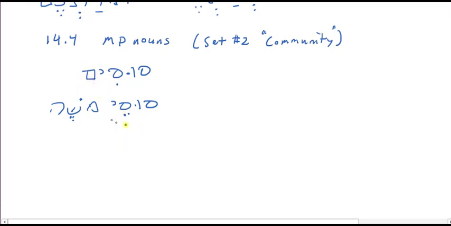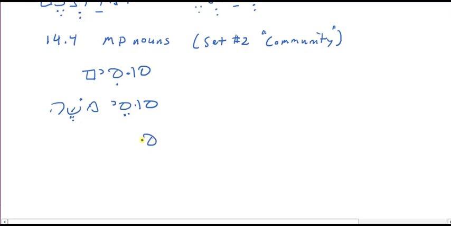There's going to be a historically long vowel with a mater, with a yod here, and then the pronominal suffix will be attached. Sometimes you will see sere yod, but sometimes you will see other vowels with a yod. It won't necessarily be sere yod. But you're going to see the remnants of that construct masculine plural form.